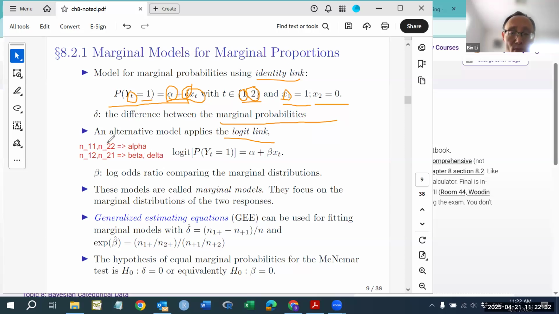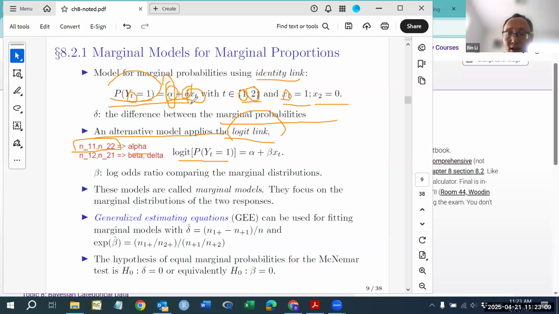An alternative model is the logit link. Instead of modeling the probability, we model the logit equals alpha plus beta x_t. Here you can see alpha is really about the agreement. The diagonal elements, n11 and n22, are the contributors for alpha, based on how much they agree with each other.